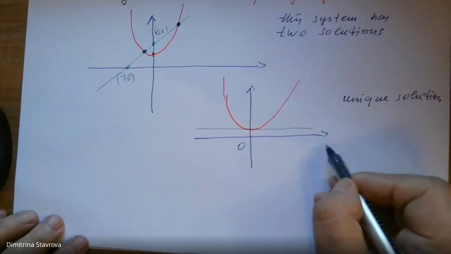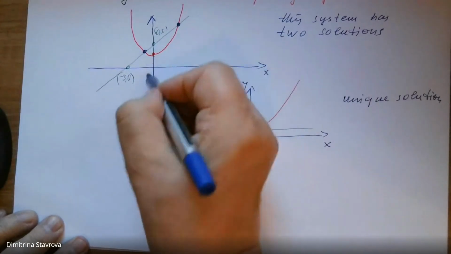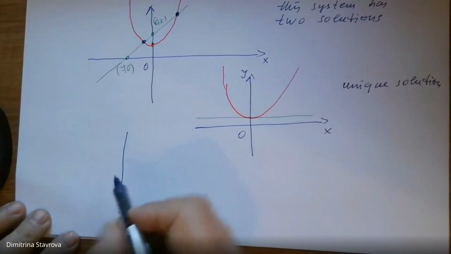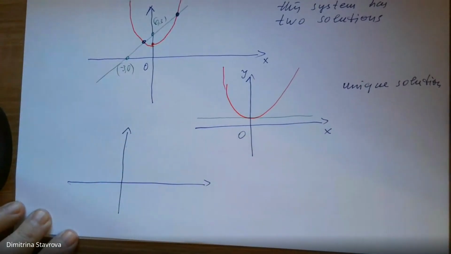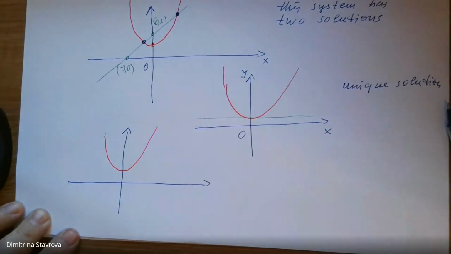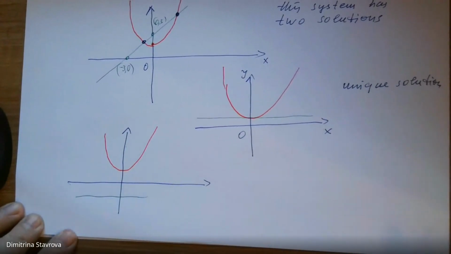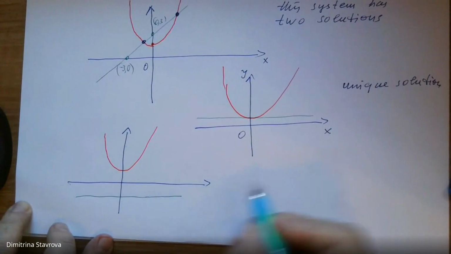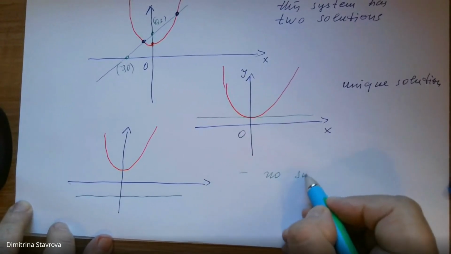Another situation would be if, again, we take an arbitrary parabola and a line that is parallel to the x-axis. In that case, we have no solutions.